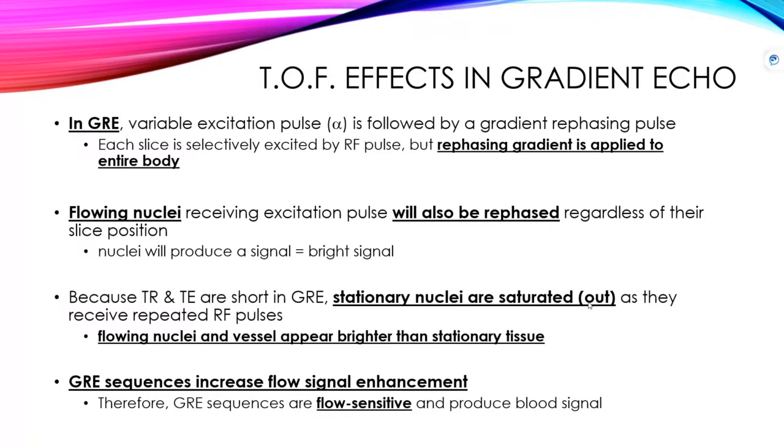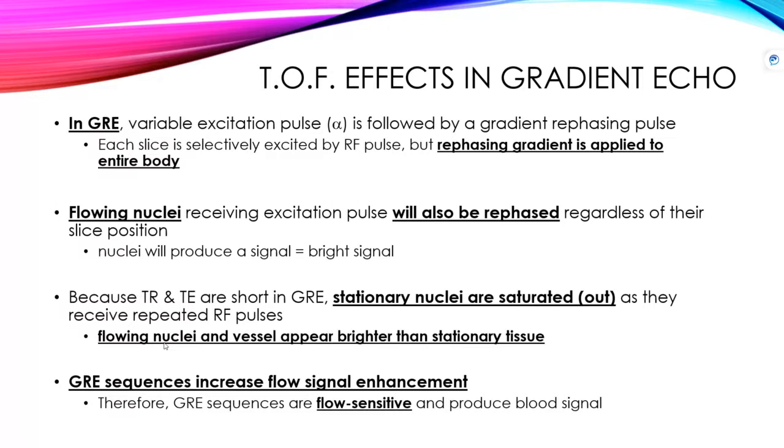And because the TR and the TE are short, we're never giving those stationary nuclei enough time to longitudinally relax. And so eventually, as we keep pushing pulses, they're going to fall into the inverse plane. So stationary nuclei, like the liver tissue, is going to actually be darker than flowing nuclei like the hepatic artery.